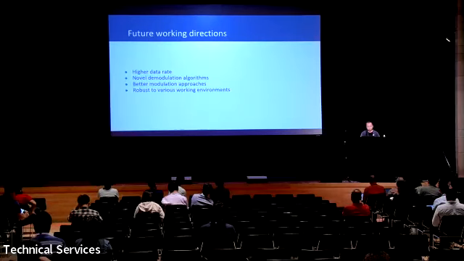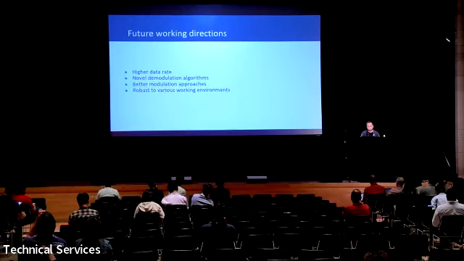Also, we can develop new modulation algorithms for the event camera, because the standard CV algorithms cannot be applied. We can also propose a better modulation approach, not just simple OOK, and make it robust to various working environments.